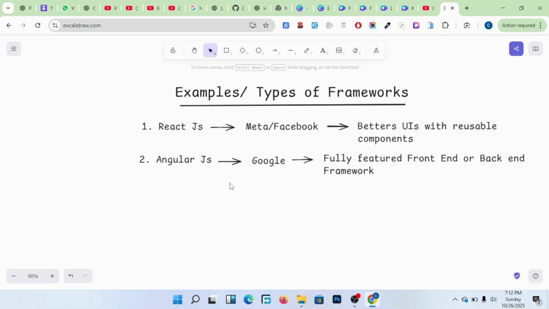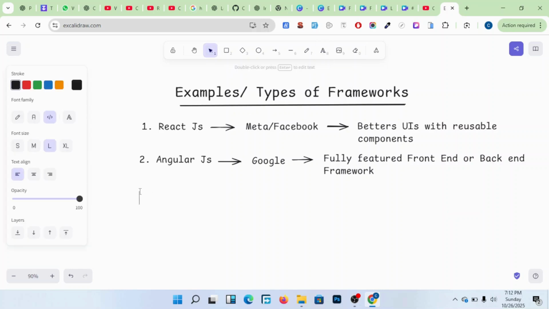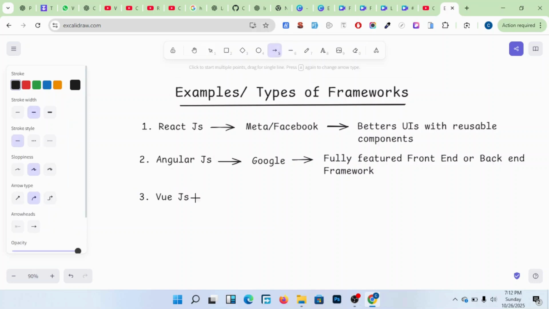This is Angular JS. So we have another one called Vue JS. Vue JS is a progressive framework.